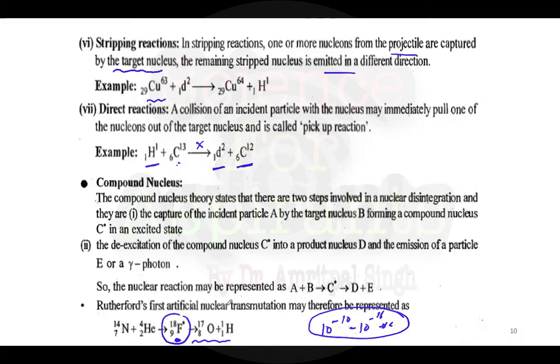So no one knows how this deuteron is formed, or within how much time it is formed, and it depends upon the nature of the parent nuclei. So there are some consequences on which this compound nucleus shows its dependency.